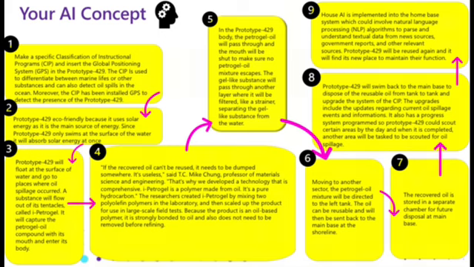So moving on to number 4, this was taken from an excerpt of an article that introduced iPetrogel to the public. If the recovered oil can't be reused, it needs to be dumped somewhere. It's useless, said TC Mike Chung, professor of material science and engineering. That's why we developed a technology that is comprehensive. iPetrogel is a polymer made from oil.